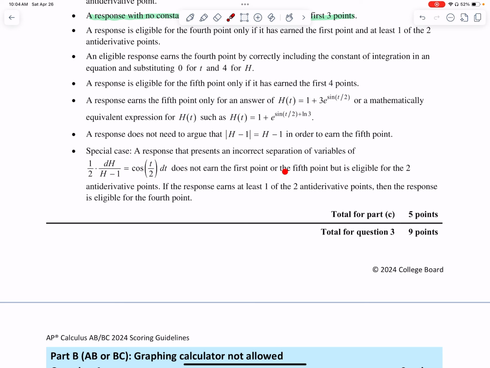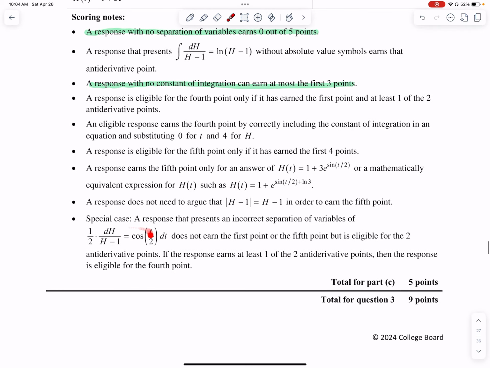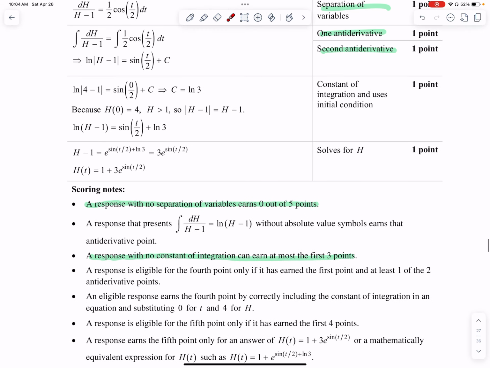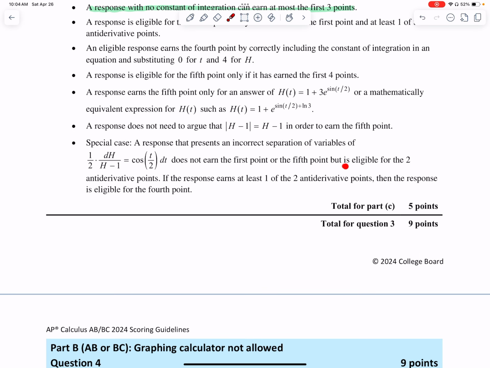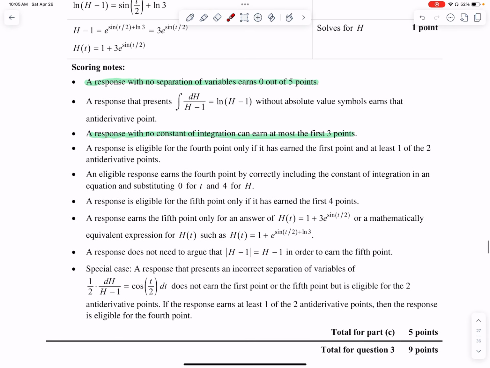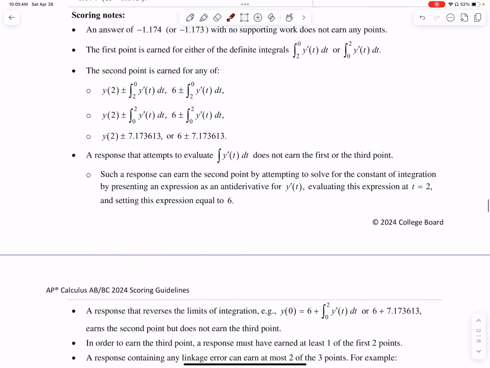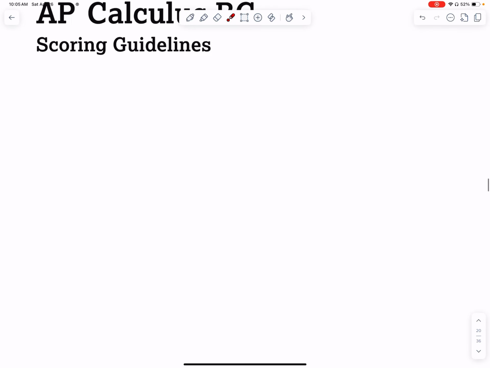It does not earn the first point because they didn't separate correctly, or the 5th point because if they don't have the correct separation, they can't get the actual correct equation here. But they are eligible for the 2 antiderivative points. Okay, so if you mess up your separation of variables, but you still do the anti-differentiation correctly, you can still get some points there. All right, so that should wrap up question number 3 on the 2024 free response question test.